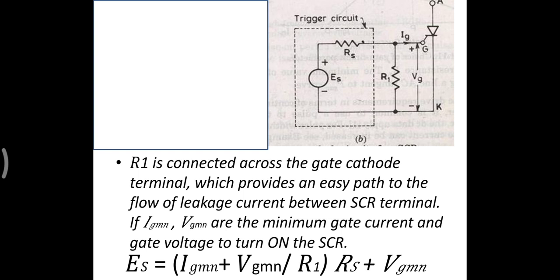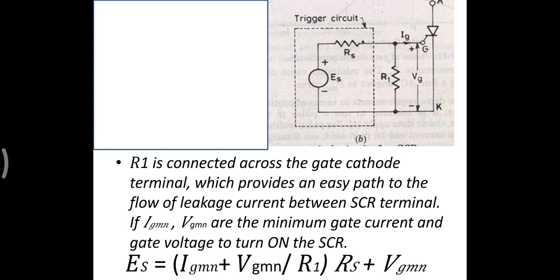Next, coming to the parallel connection, the problem is leakage currents. These leakage currents can be overcome by using a different technique in the triggering circuit. For normal circuits, no shunt resistors are connected, and we get unequal current sharing between the two SCRs when they are connected in parallel.